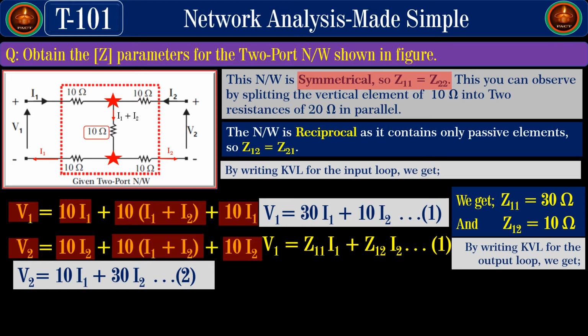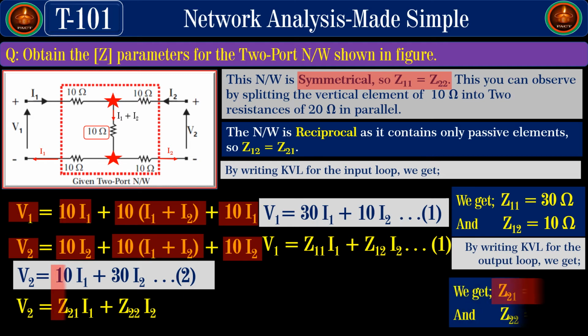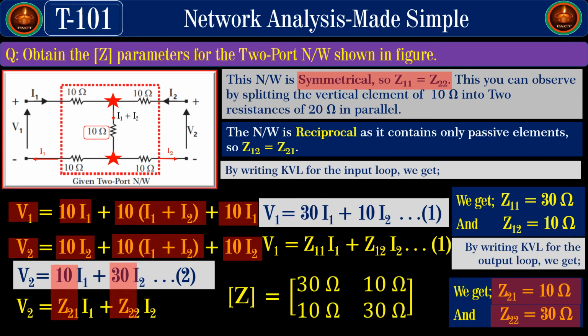By comparing this equation with the output equation of Z parameters, we get Z21 is equal to 10 ohm and Z22 is equal to 30 ohm. Now, if we write these Z parameters in the form of a matrix, we get Z is equal to 30 ohm, 10 ohm, 10 ohm and 30 ohm.